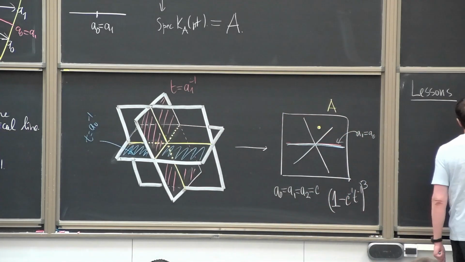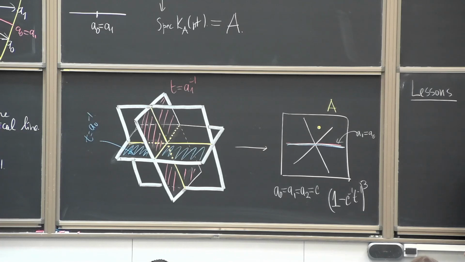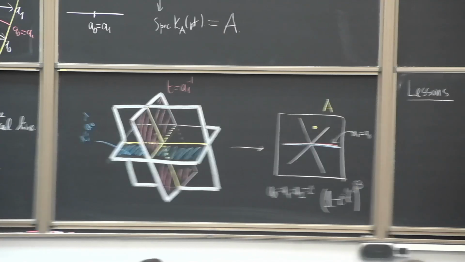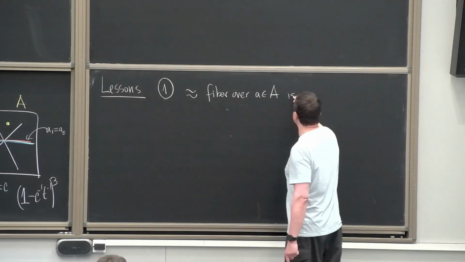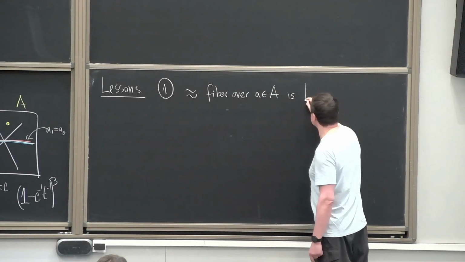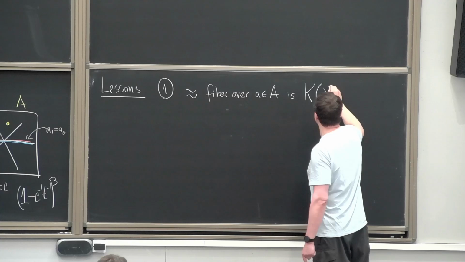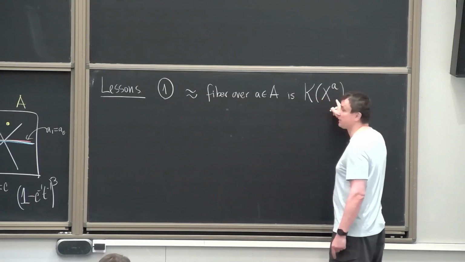This is true in this example, but I write approximately, that the fiber over a point A is ordinary K theory of the set of points fixed by that element.